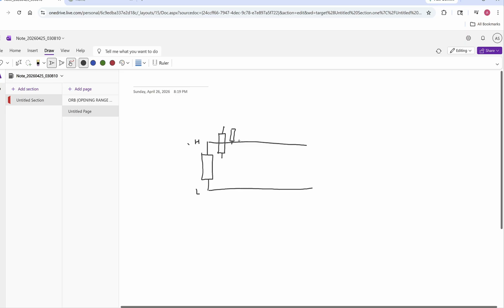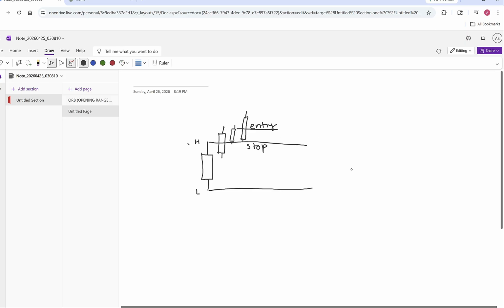And if it holds this level, we will be waiting for the next candle to go higher again. For example, this is our next candle. Then this is our entry point. This level is our entry point. This is our stop.